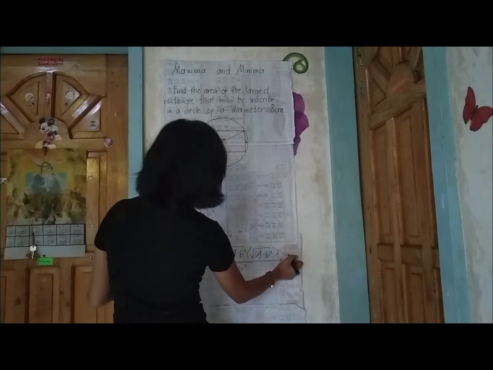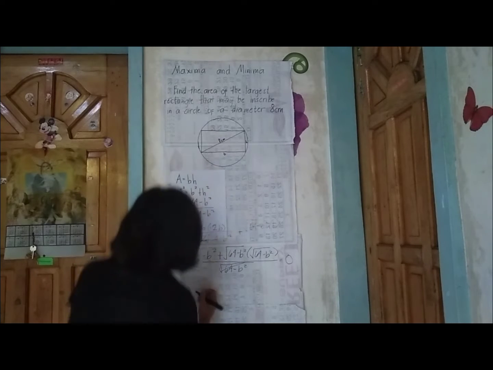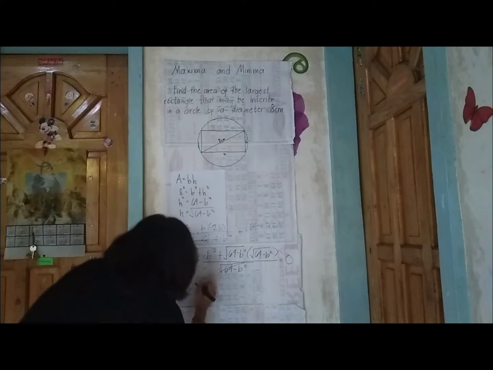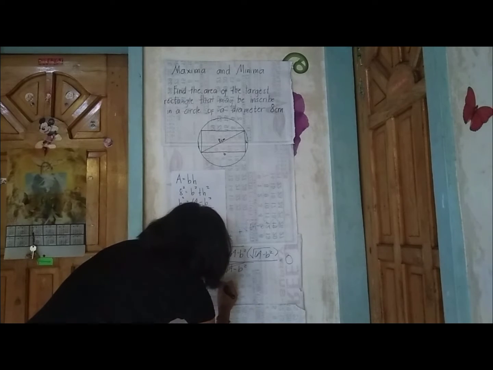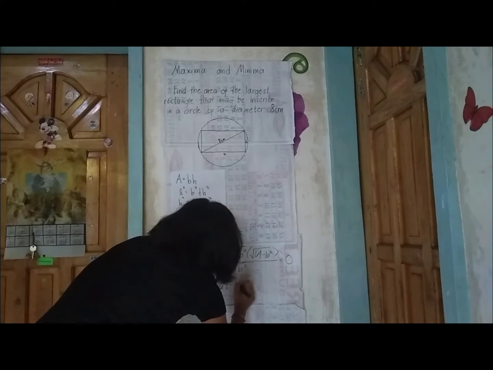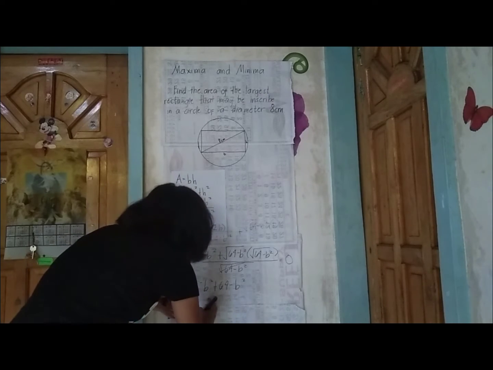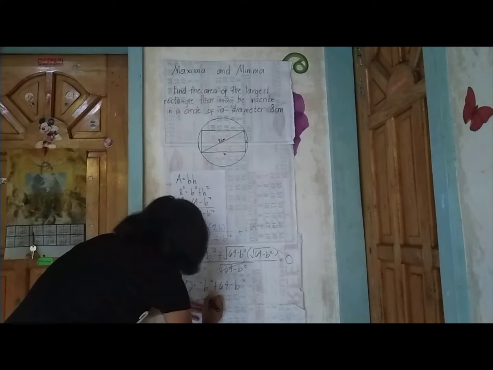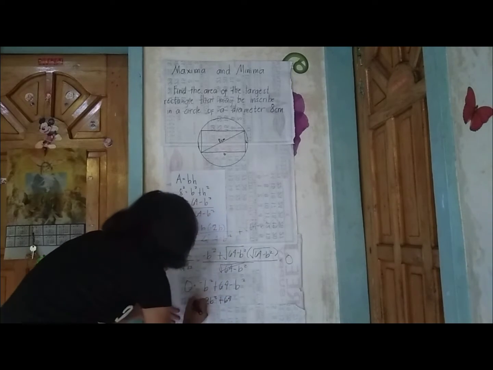Then we will equate it to 0. Then you can cancel this out, and it will become 0 is equal to negative b squared plus 64 minus b squared. So negative b squared minus b squared is equal to negative 2b squared plus 64.